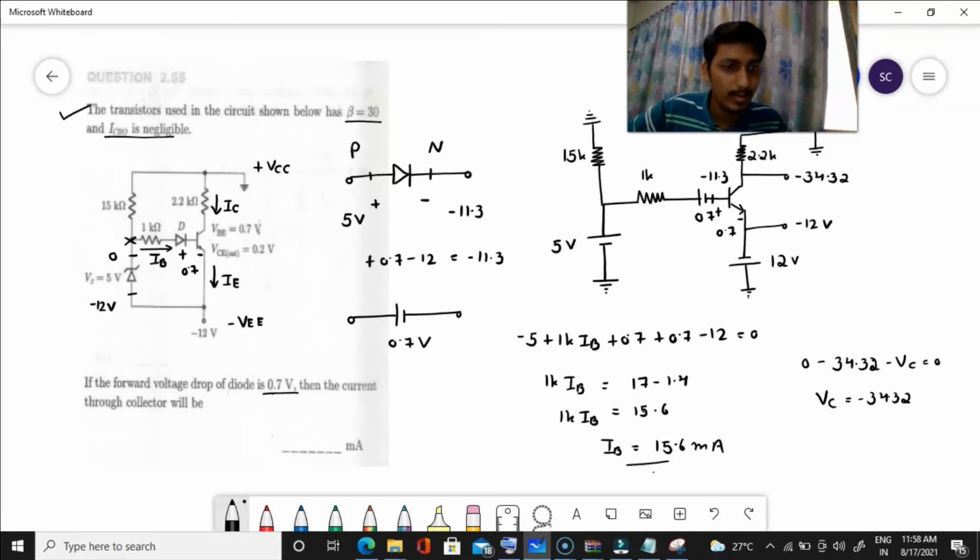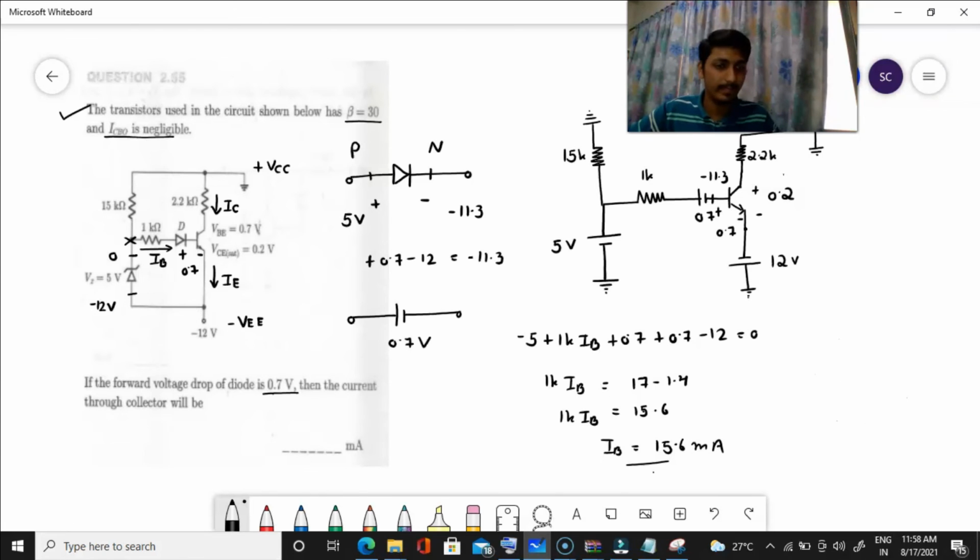So we will remove this part, and we will solve with the saturation voltage, which is 0.2 volt here. So 0 plus 2.2k IC plus 0.2 minus 12 equals 0.